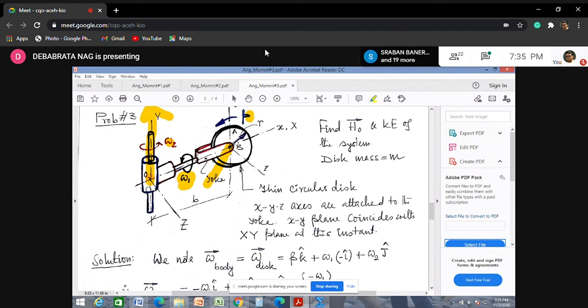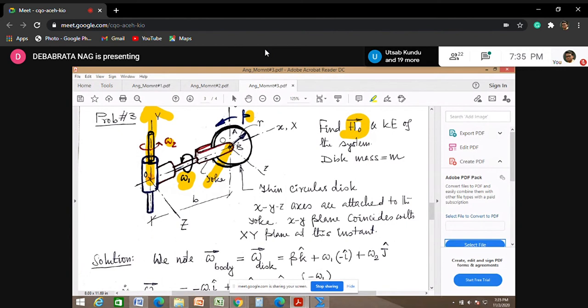So again, I cannot apply the shortcut angular momentum theorem in finding out this h bar O, although the point O is a fixed point. So again, this is a word of caution. So what I need to do, therefore, is apply the transport theorem. I need to calculate the angular momentum of the system about its center of mass. Then I need to calculate the center of mass's velocity.